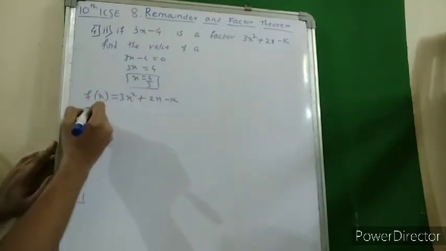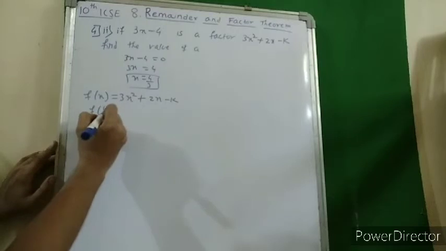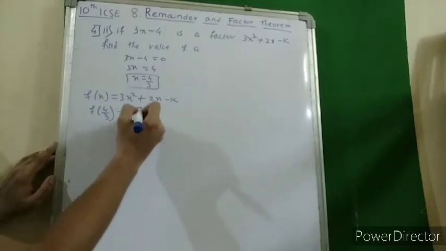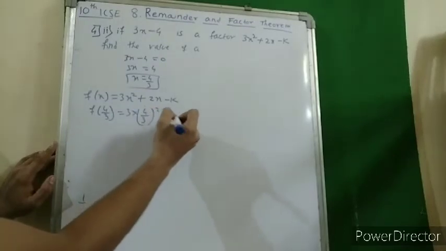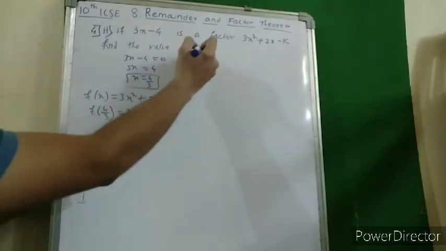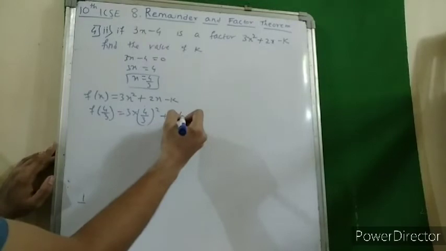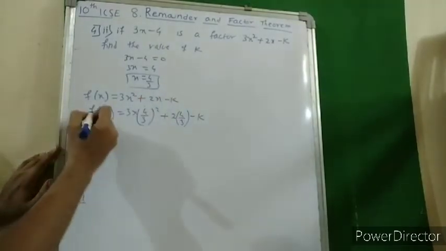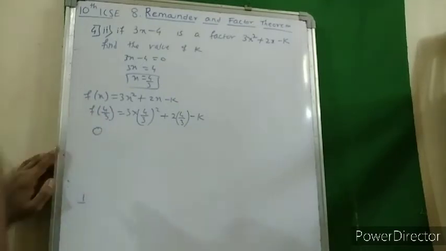So in place of x I am going to write 4 upon 3. In place of x it is 4 upon 3 square plus 2 into 4 upon 3 minus k. So as it is a factor, here it will be 0.